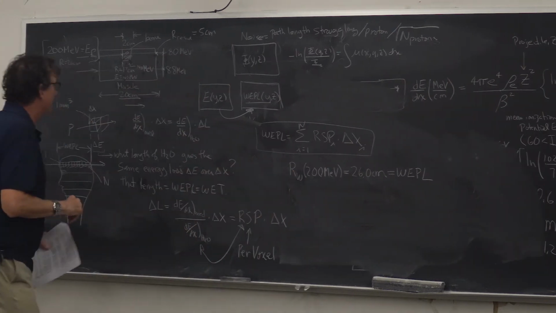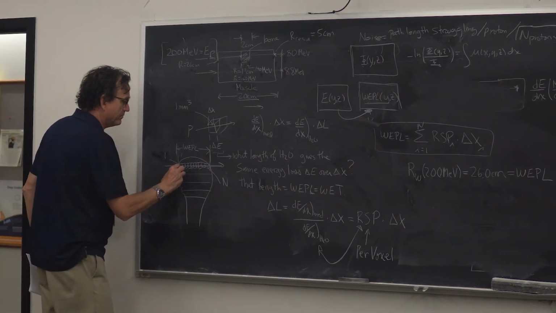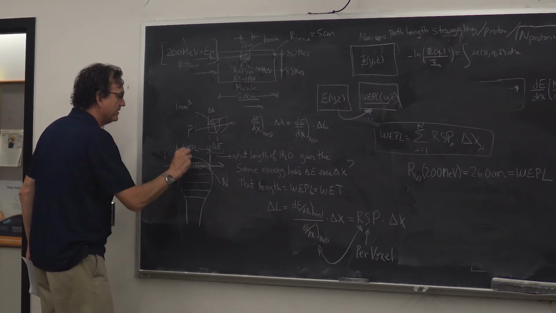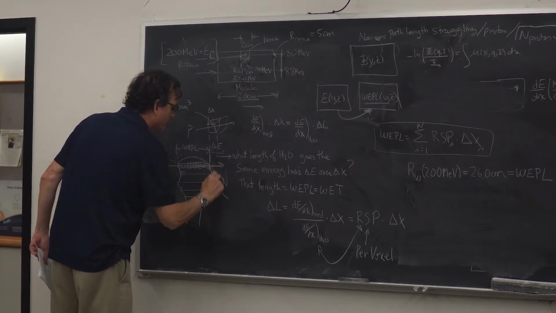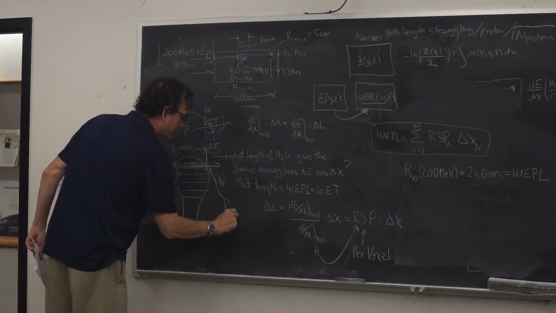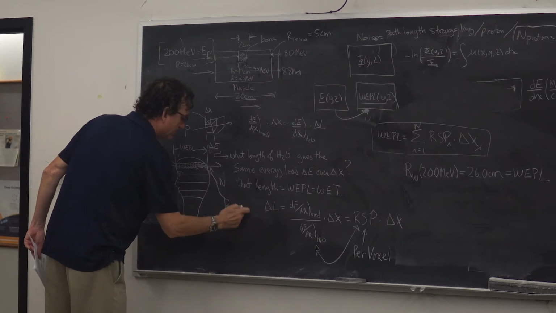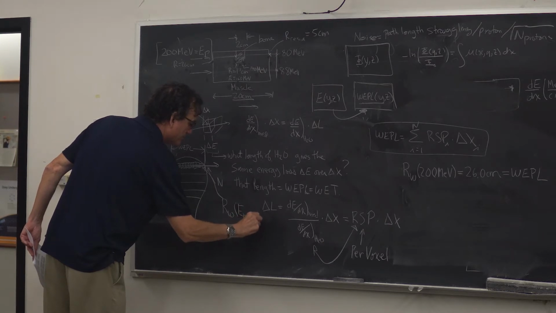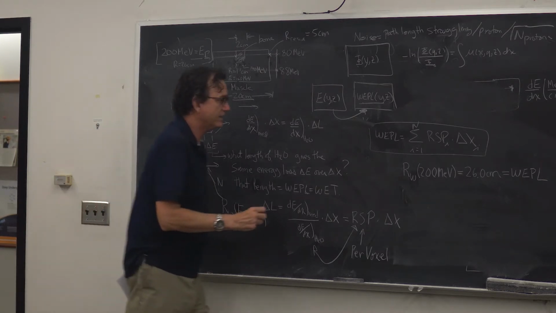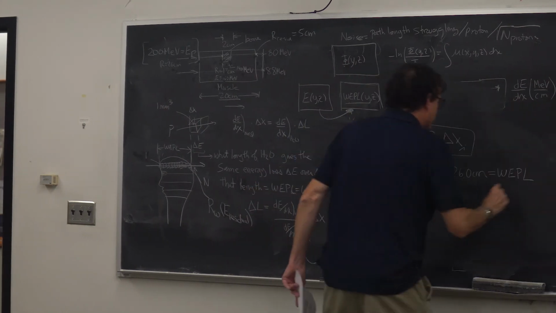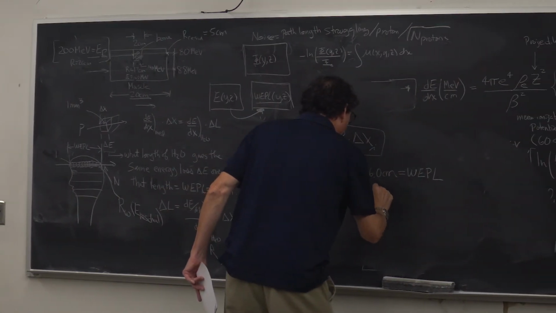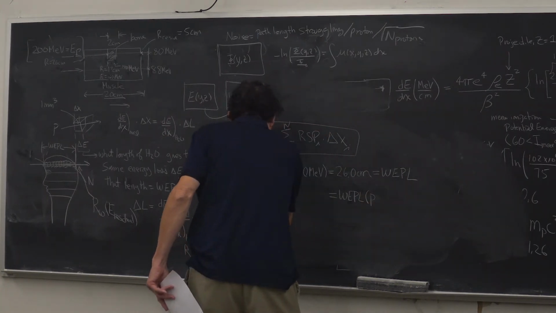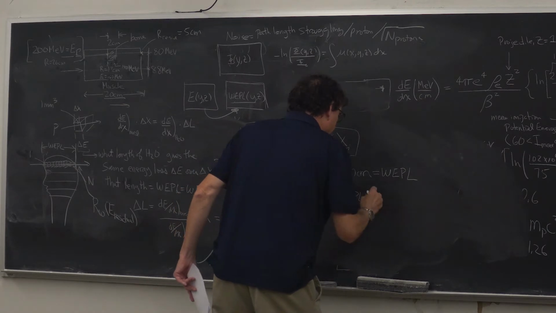Now, if the protons go through a smaller water equivalent path length through here, and they come out with a residual range in water here, and we'll call this the E residual, then I can write that this quantity, 26 cm, is equal to the WEPL of the phantom, or we'll say the WEPL of the patient.